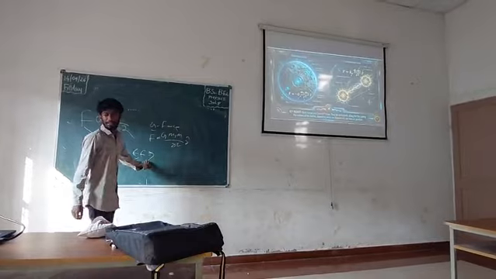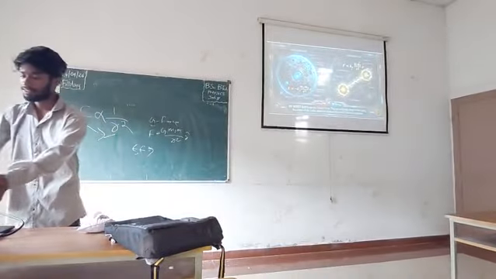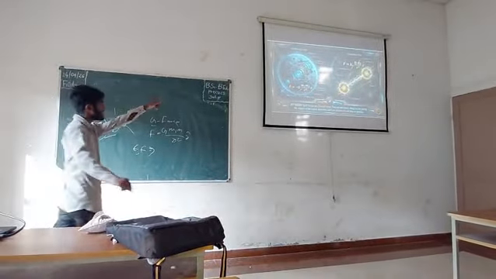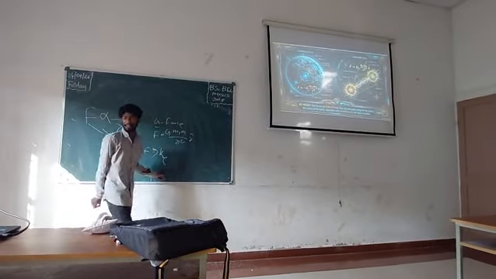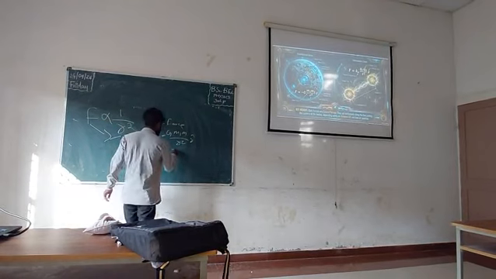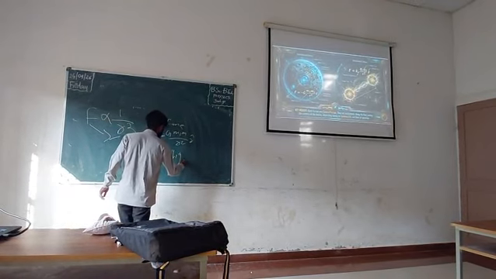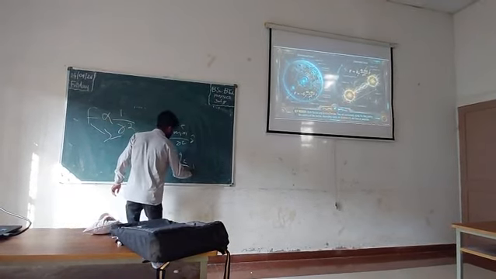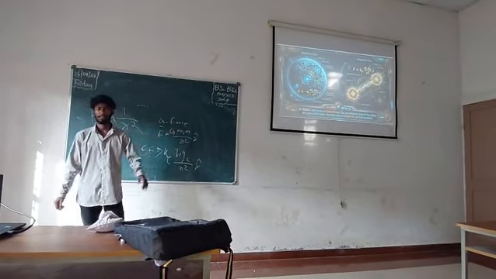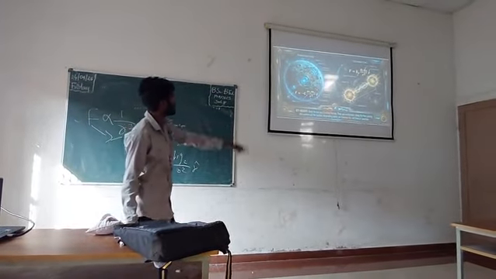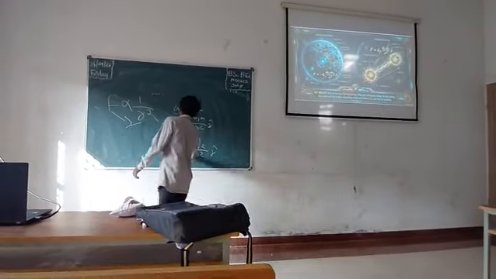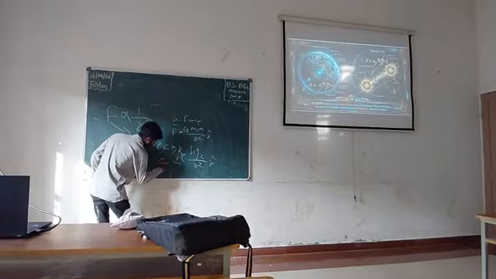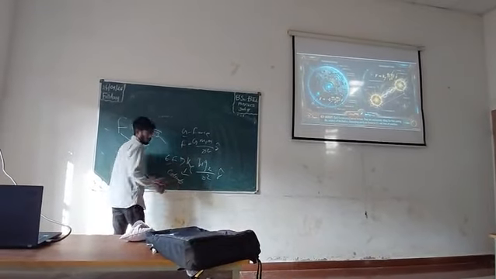That is the formula for electrostatic force. F equals k q1 q2 over r square, r vector. Here k equals the Coulomb constant.